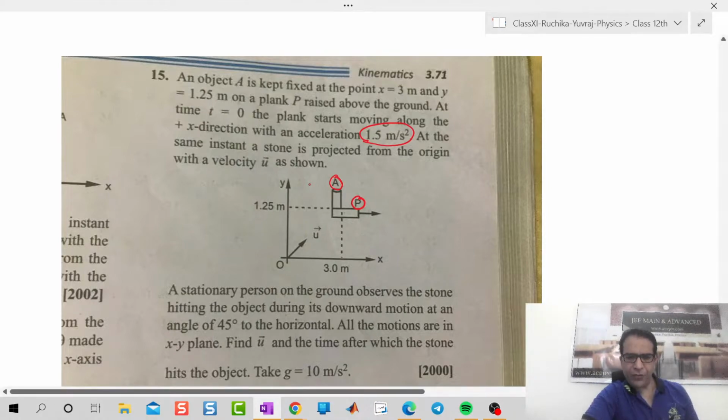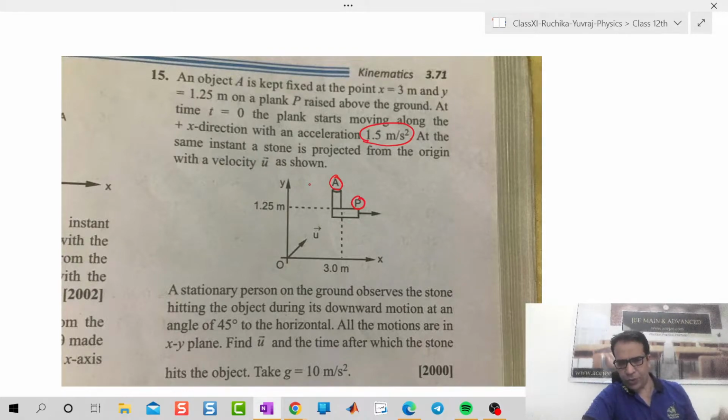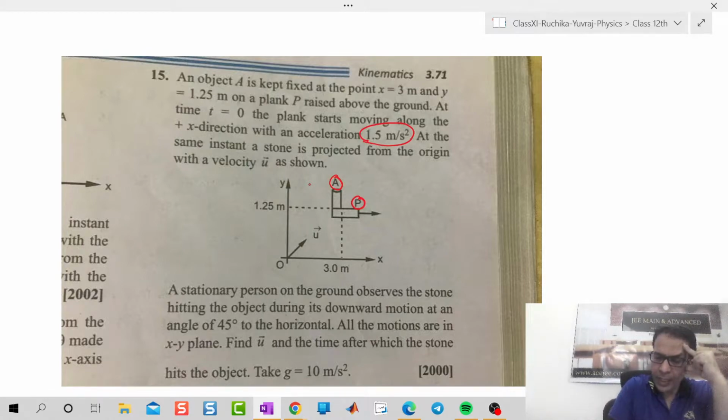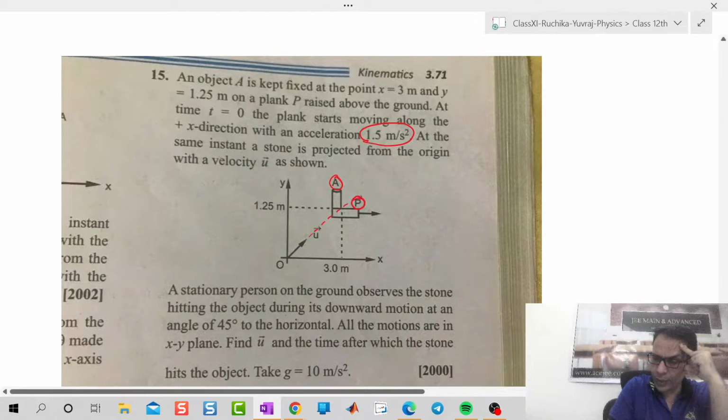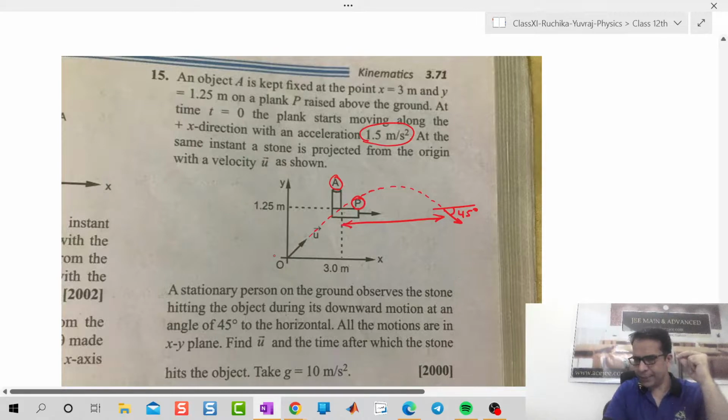A stationary observer sees the stone hitting the object during its downward motion. So A is moving along with the platform, and the projectile hits it during its downward motion. During the downward motion, it makes an angle of 45 degrees with the horizontal, which means the platform P or the object A has traveled this distance.